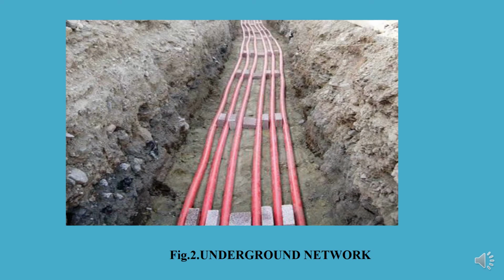You can see the underground network system, and how the lines are passing. In one trench, five to six wires are laid below the ground, and in between there is insulation, so we have to maintain some distance between two pipelines.